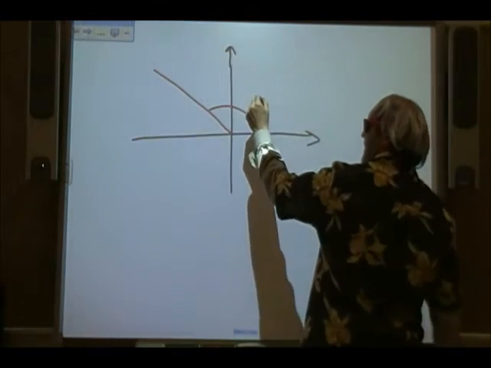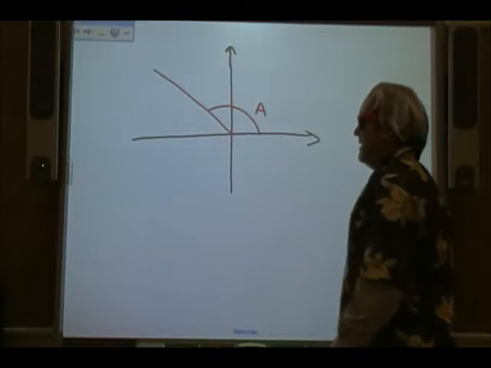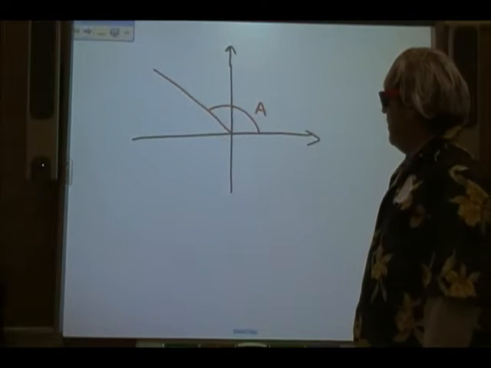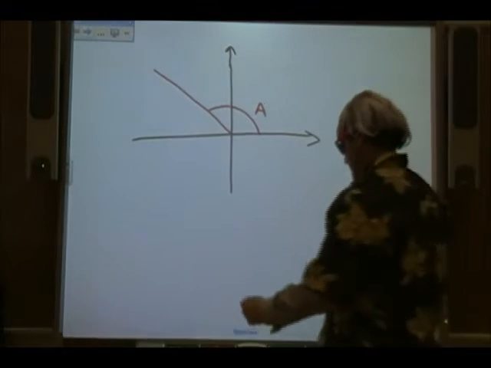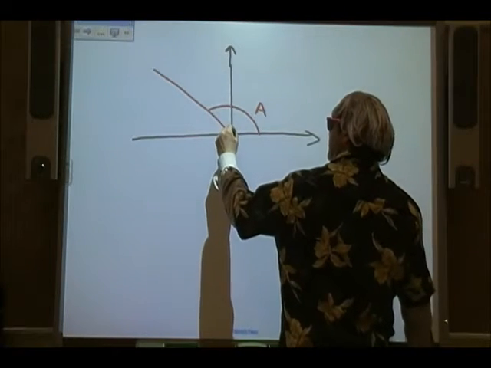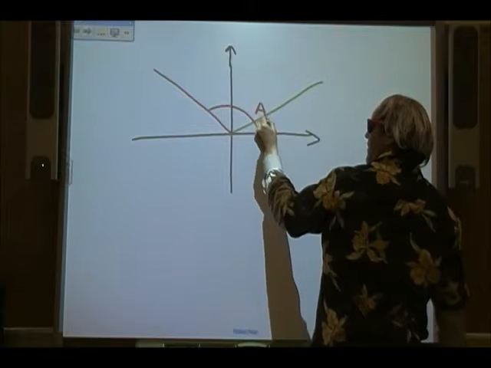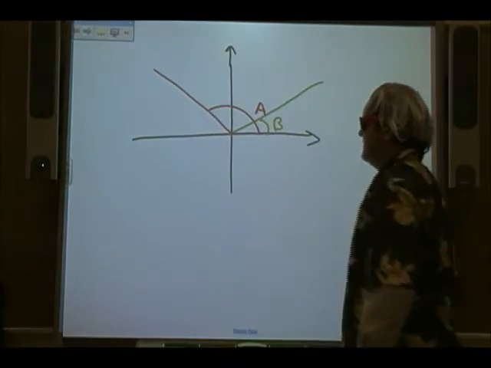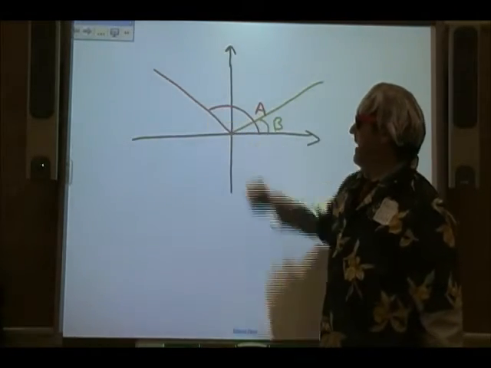I'll call this A. And then what we'll do is I'll draw another line. Let's put it over here. And I'll call this B. So this is angle B, this is angle A.